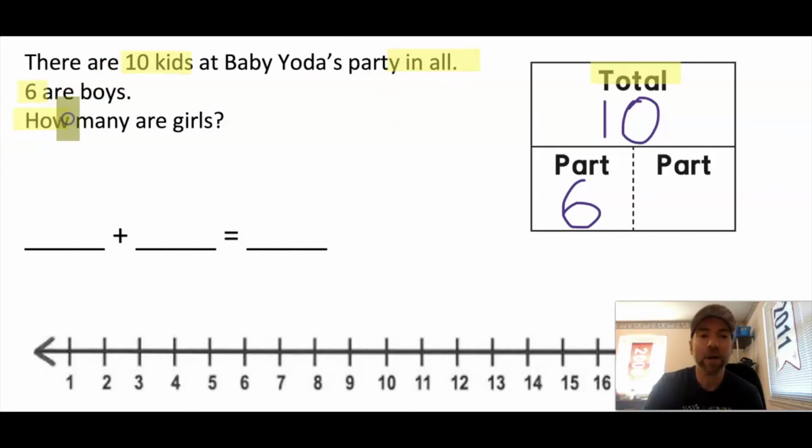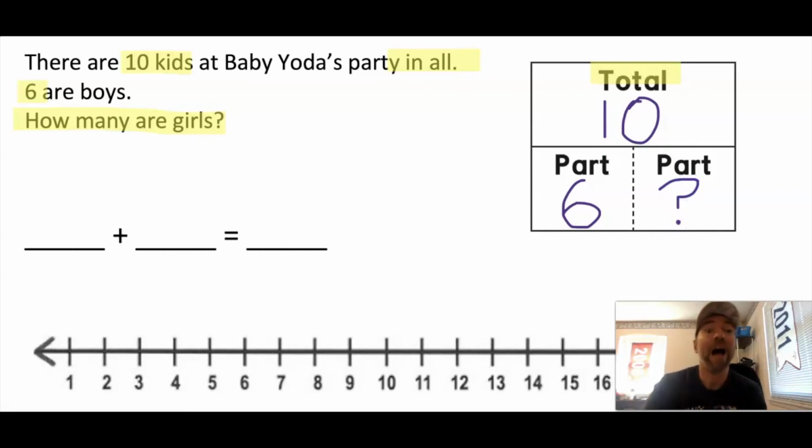How many are girls? Well, that's our other part. The boys plus the girls gives us all the kids. But we don't know how many girls there are. What are we going to have to put if we don't know how many? We put a question mark.